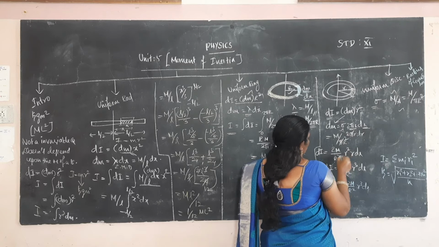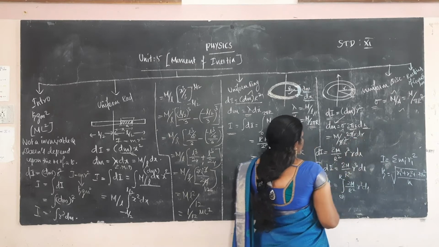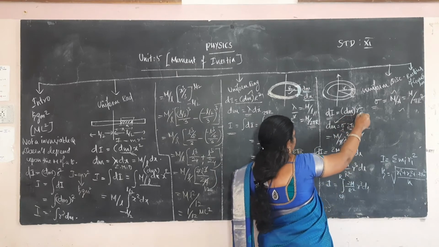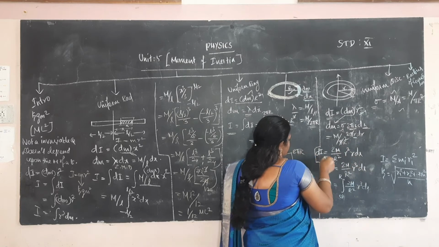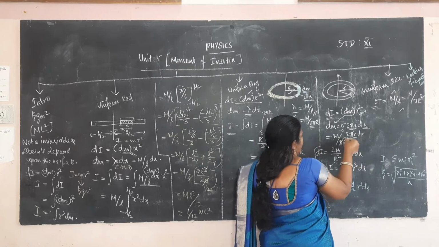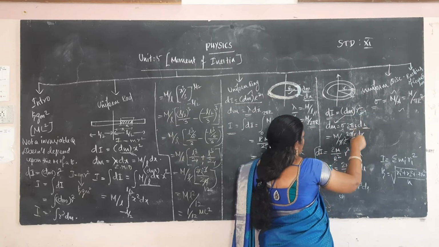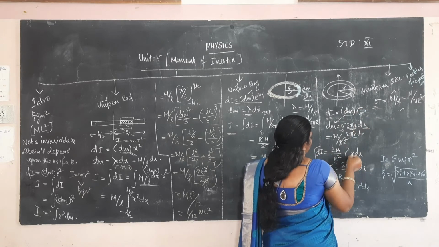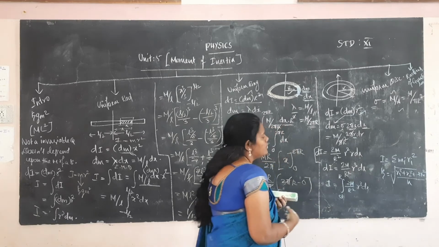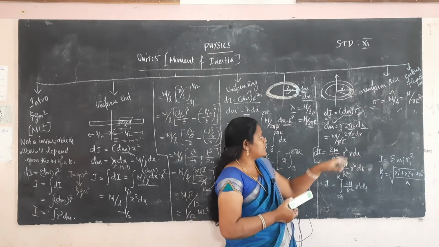So 2m by R square into r, and dm is substituted in this equation.